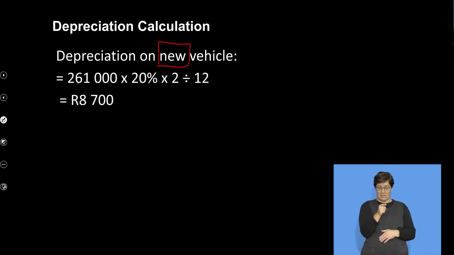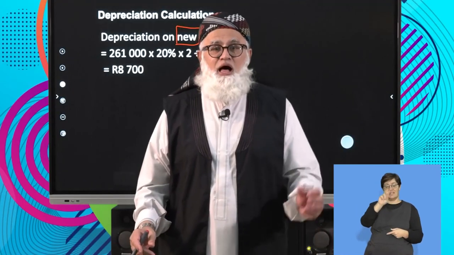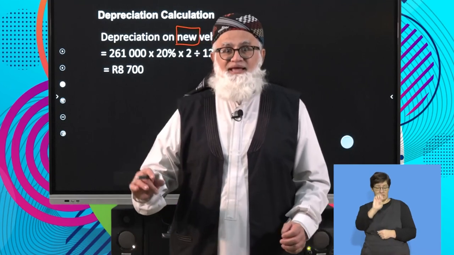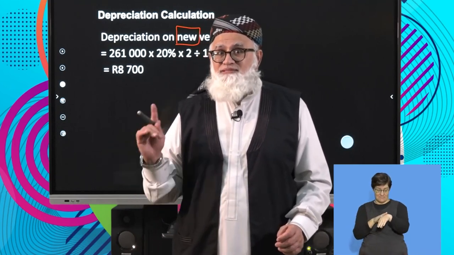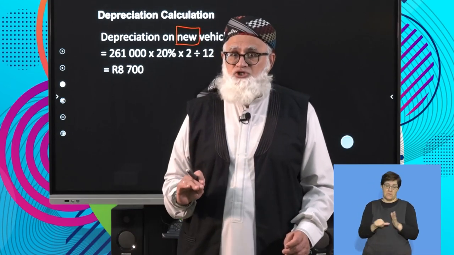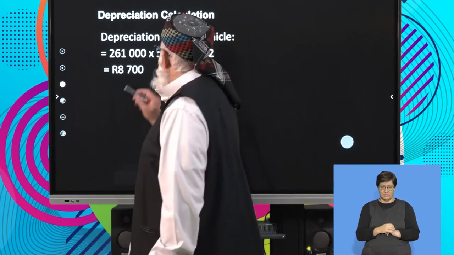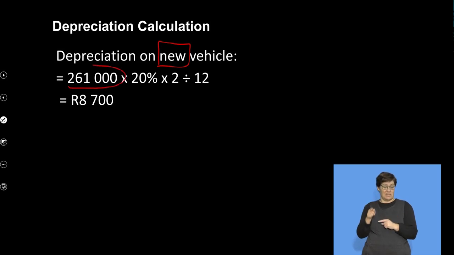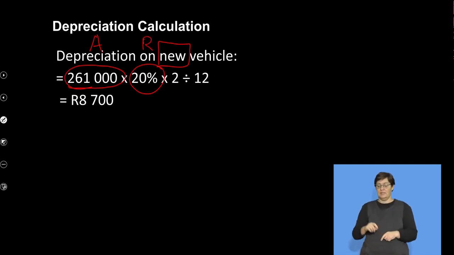If I look at the new vehicle, step number 1, once again, I'm going to use ART: amount, rate, and time. That T is very important in your calculation. So the cost price of the vehicle was 261,000. That's your A. Your rate is 20%. That's your R.